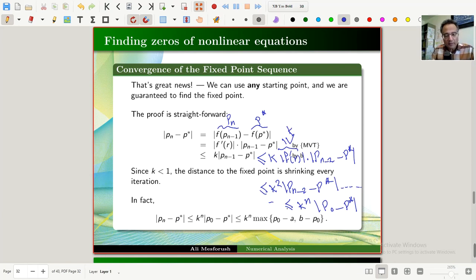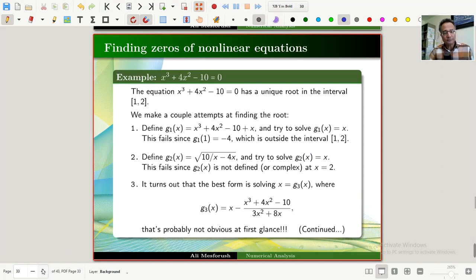Okay, why is this true? Because here k is less than 1, so the limit of k^n when n goes to infinity should be 0, and finally we will get that Pn minus P star is less than or equal to 0, and this means Pn minus P star should be 0, and this means Pn converges to P star, and this completes the proof.